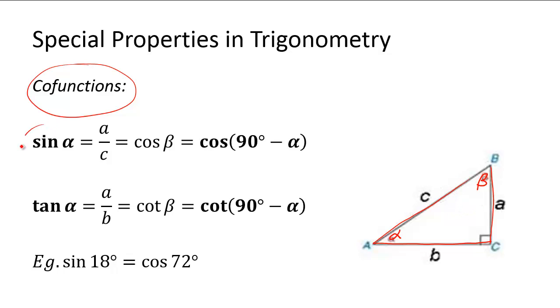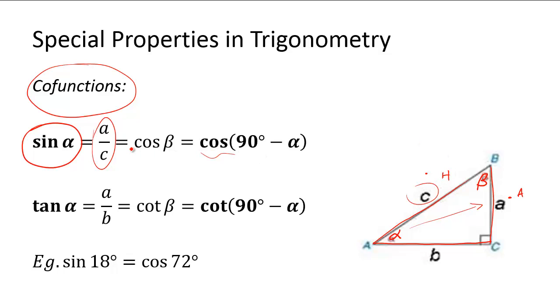So let's consider sine of alpha. Well, sine of alpha is your opposite over your hypotenuse, which is A over C. Great. But you also know that cosine of beta will be A over C as well. It'll be adjacent over hypotenuse.